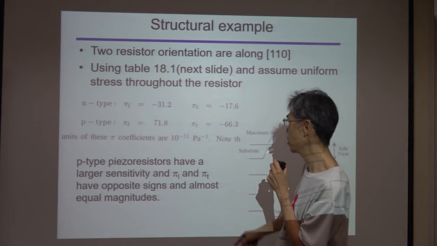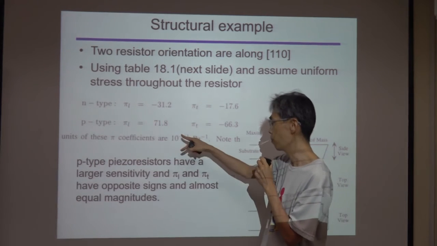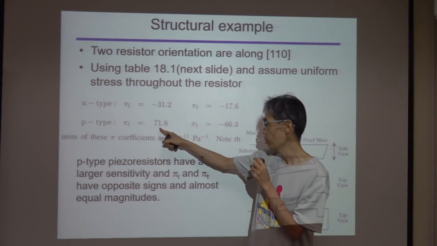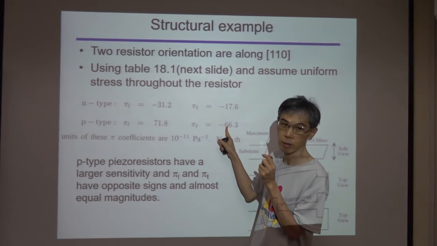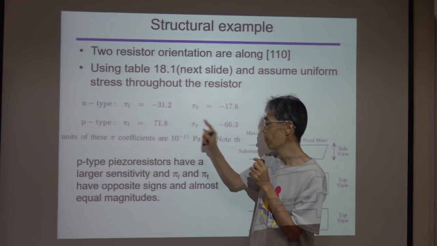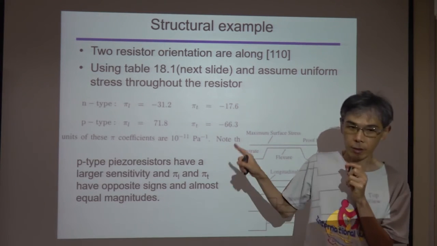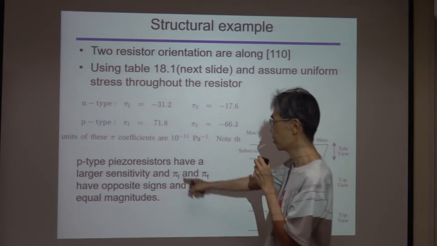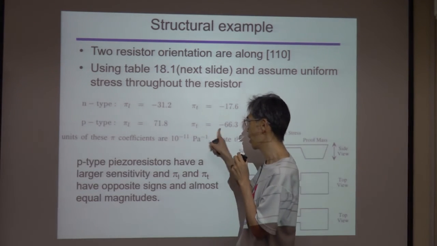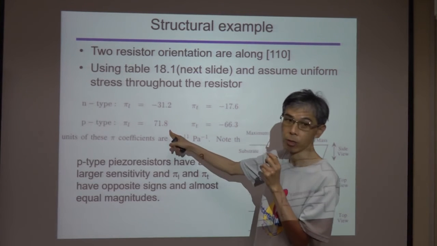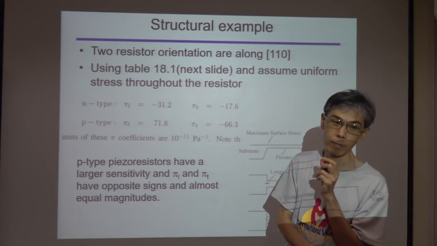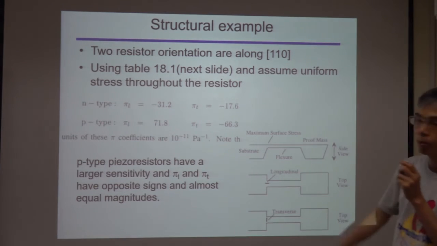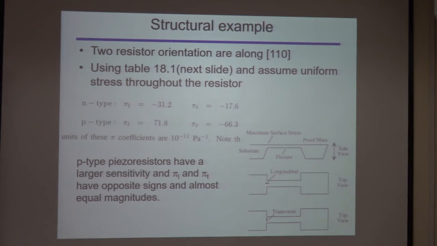But another thing is that pi L and pi T for p-type have almost the same magnitude but different sign. In the pressure sensor, this property is important; we will discuss it later.